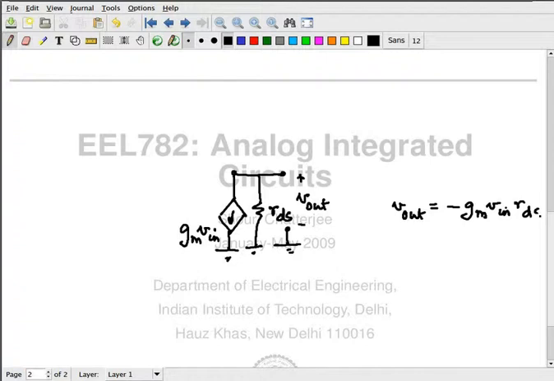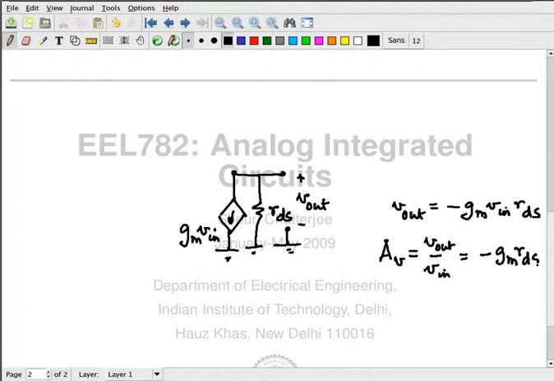Okay, the gain of the amplifier is Vout by Vin. I'm going to call that Av, the gain of the amplifier, which is equal to minus gm times rds.